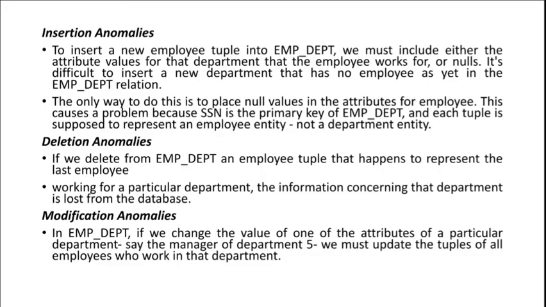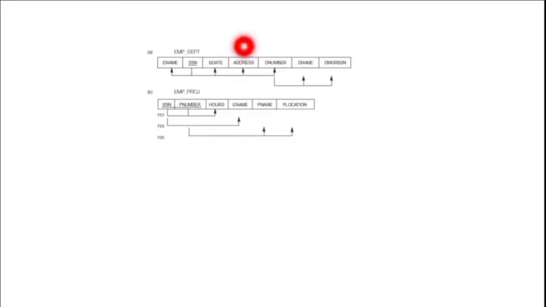But the problem is, employee SSN here, SSN is the primary key. Guys, what is the problem actually? Assume that I have a new department with no employees. I can easily insert the department details, but I can't insert employee details because it's a new department with no employees.